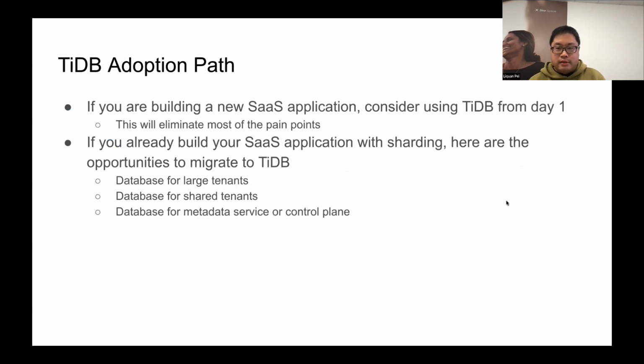Okay, so this is the final slide, and this is what I want to talk about. If you are building a new SaaS application, consider using TiDB from day one, because that will eliminate most of the pain points.